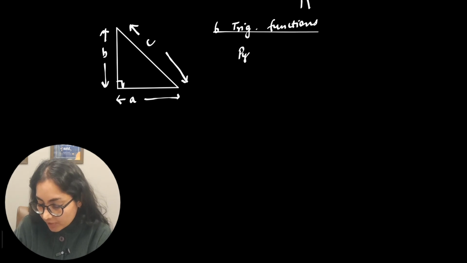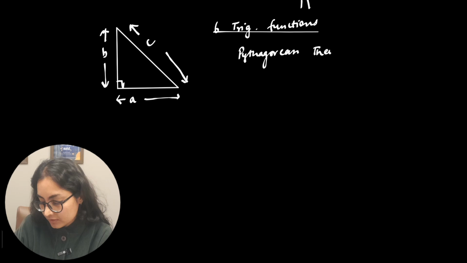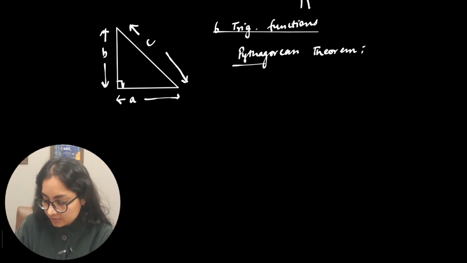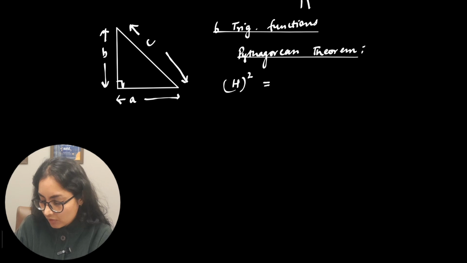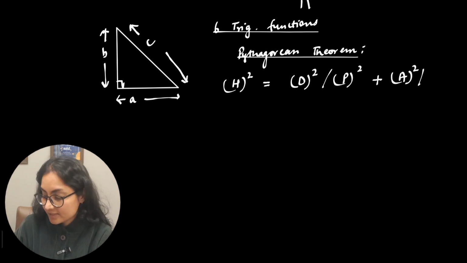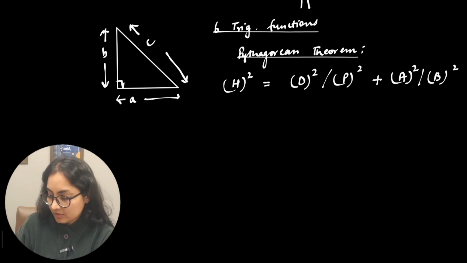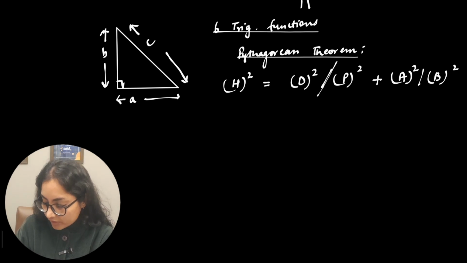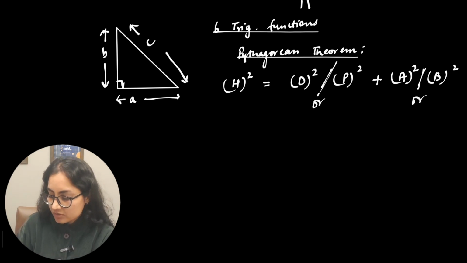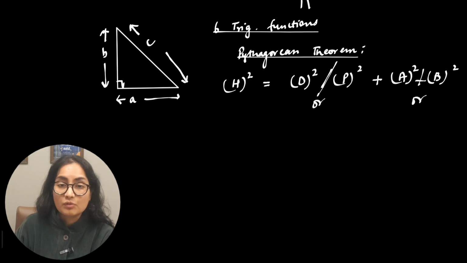So what does the Pythagorean theorem say? It says hypotenuse square equals opposite square, or we can say perpendicular square, plus adjacent square, or another name for adjacent is base square. So it's not divide, it's or. So the name for opposite is also perpendicular and the name for adjacent is also base.